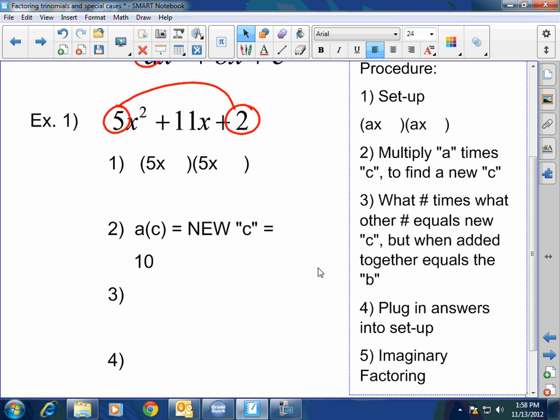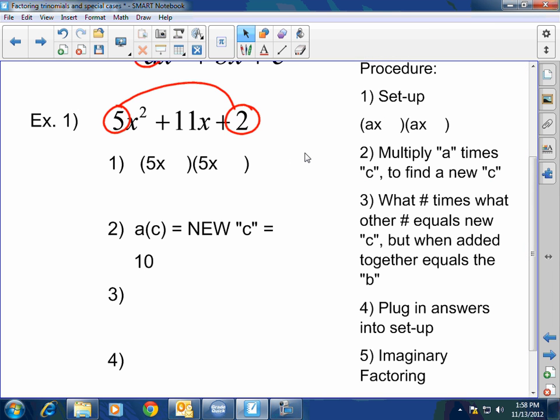So let's think about that, guys. What times what equals 10, but when added together is 11? 1 and 10. So 10 times 1 is 10. 10 plus 1 is 11.